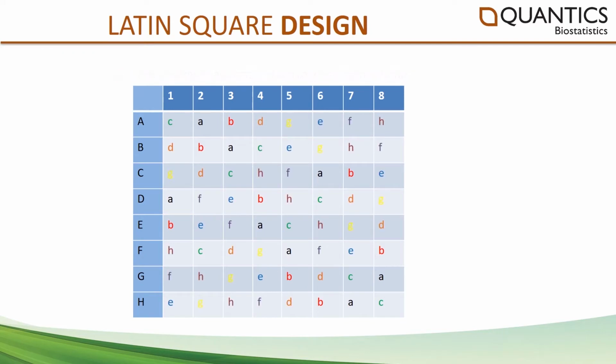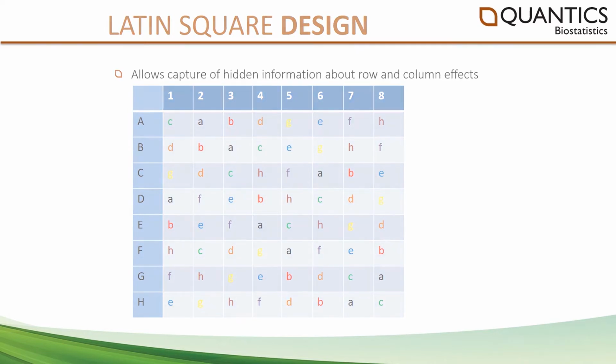And here we finally have the full Latin square design with treatments A through H arranged so that each one appears once in each row and once in each column. And this, as you can see, is a beautifully balanced design where there's no bias in the comparisons between the treatments, which is what we're interested in, caused by any variation across the plate or down the plate.